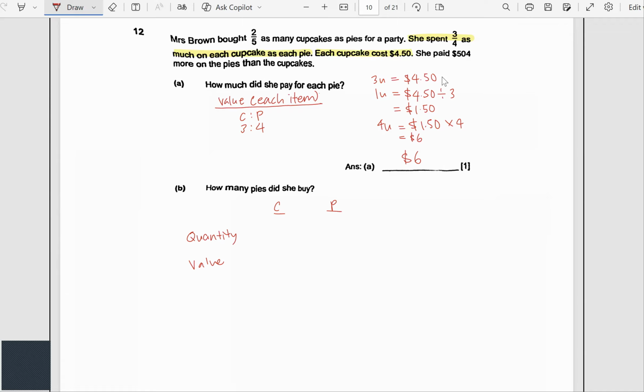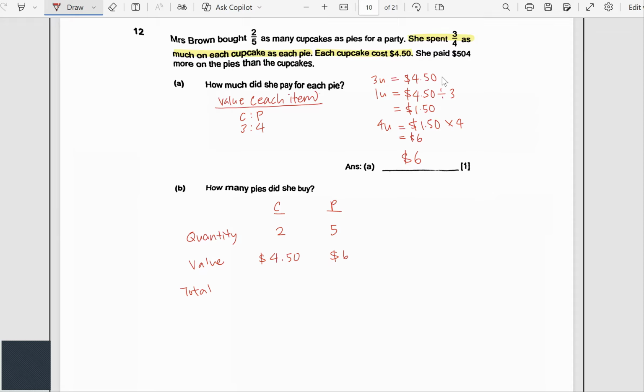So in terms of quantity, she bought 2/5 as many cupcakes as pies. So 2 is for cupcakes and 5 for pies. Value means the value of each item. Your cupcakes, each cupcake costs $4.50. Each pie is $6.